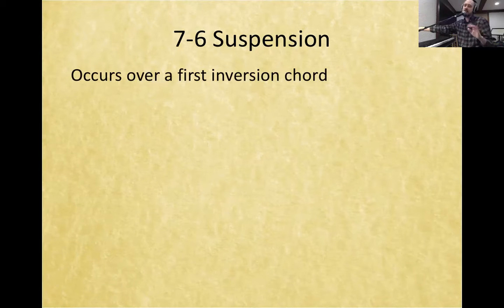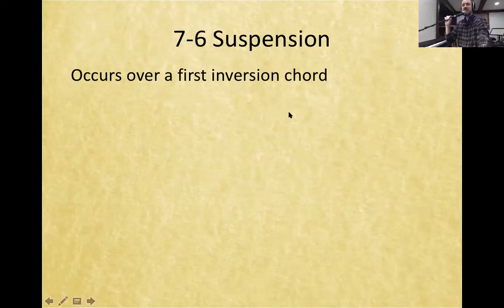Now, really quickly, why is it, do you think, that a 7/6 suspension could not occur over a root position chord? What about these numbers doesn't match up with a root position chord? Well, we know that root position chords are built on a third and a fifth. 5/3, right? Third, fifth, 5/3.